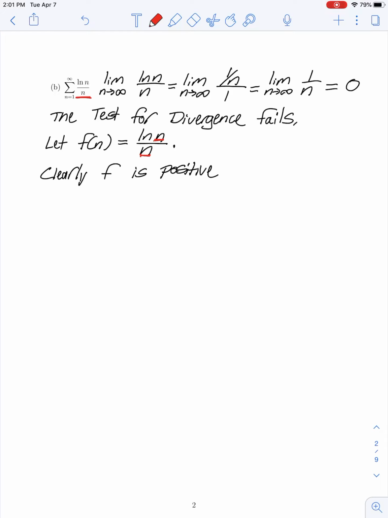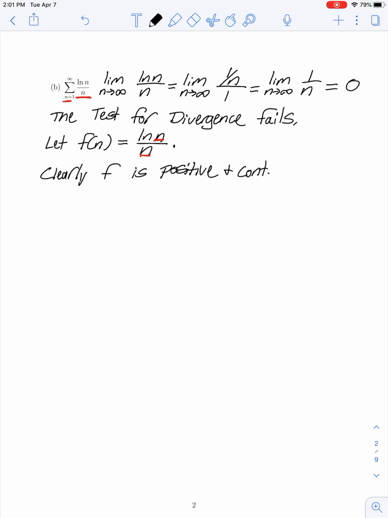But over the interval that we're taking the sum on, that is from 1 to infinity, the natural log is defined, and we can't have division by 0. So this function is also clearly continuous on our interval from 1 to infinity. Now, the last thing that we need to show is that our function is decreasing over this interval.